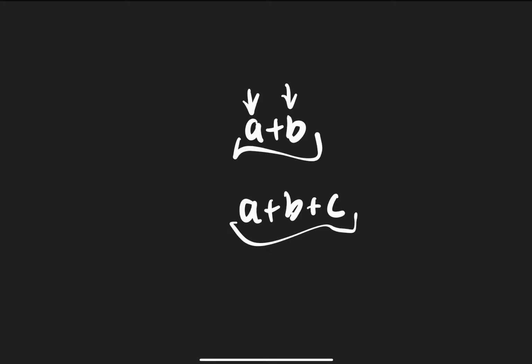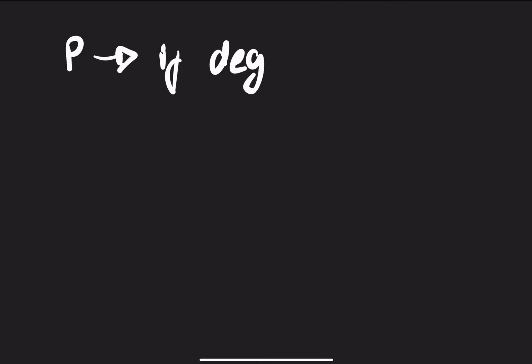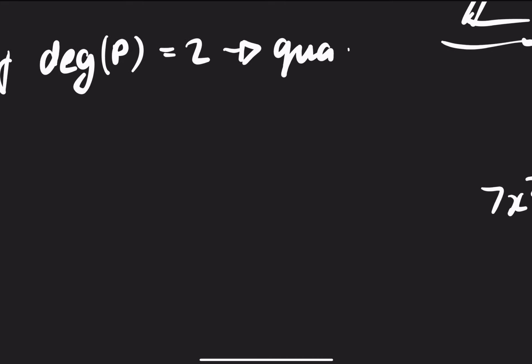A polynomial with a degree. Let's say we have a polynomial, let's call that polynomial p. If the degree, which we denote as just deg of p, is equal to 2, we call that a quadratic, which you should already know.